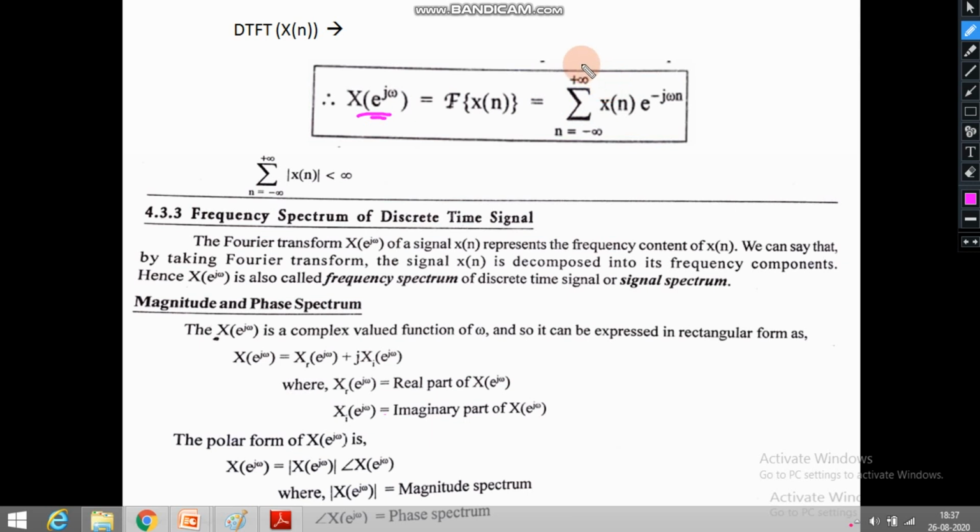This is an equation similar to that of the previous continuous time Fourier transform. In the case of the continuous time Fourier transform, instead of this summation, there is an integral from minus infinity to infinity, and instead of x of n, x of t is there, which is the continuous signal under consideration, and e raised to minus j omega t. That is the same as before.